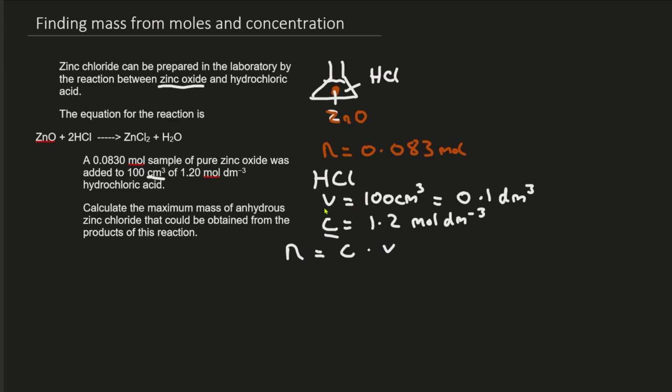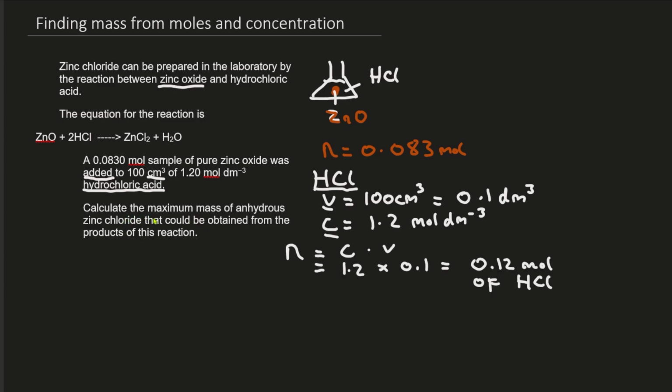We've got C, we've got V, so we can do the following, which is 1.2 multiplied by 0.1, which gives us an answer of 0.12 moles of HCl. That's how much HCl we have because that's what we've been given in the question. We know that because it says it was added to hydrochloric acid, which is the formula HCl.